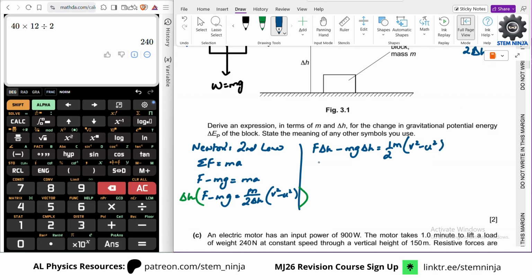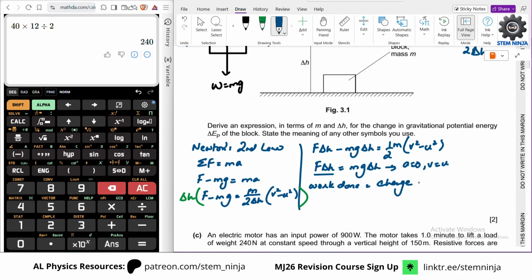Since acceleration is 0, you will have F delta h is equal to mg delta h. A is 0, v is equal to u. So F delta h is basically the work done, and mg delta h is the change in gravitational potential energy.